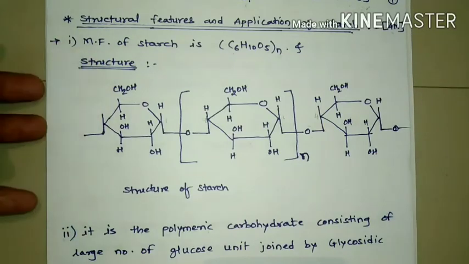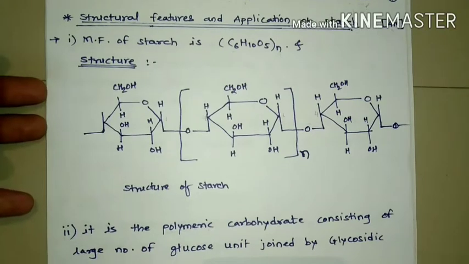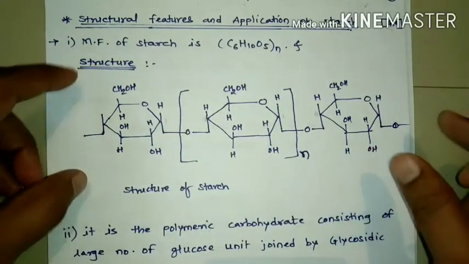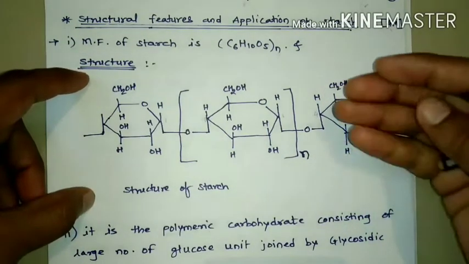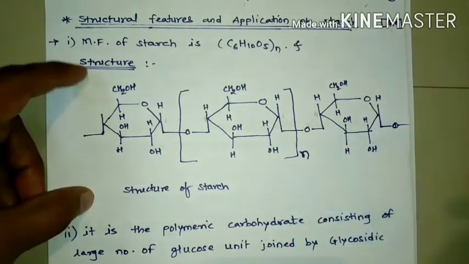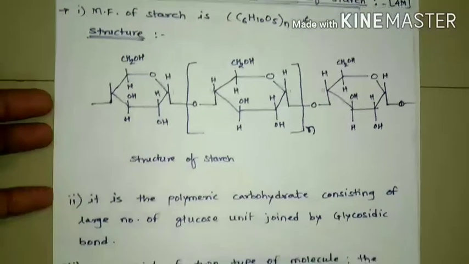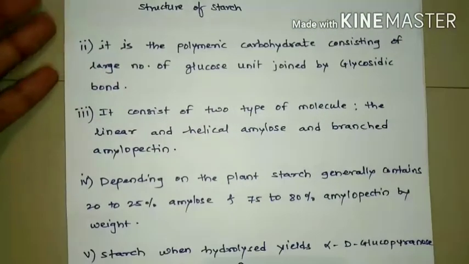And another type is branched amylopectin. How is it? In the branched form, this glucose unit is at the bottom side, and it is called branched amylopectin. Okay, so this is the explanation of the third point.